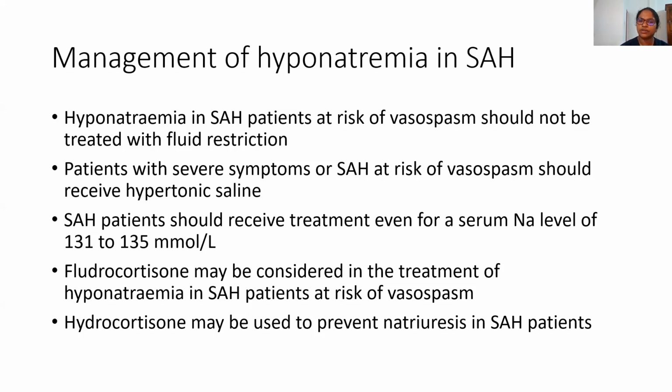You can consider fludrocortisone if they are at risk of vasospasm, or if there is associated cerebral salt wasting. And sometimes hydrocortisone may be used to prevent natriuresis as well. So these are some special situations you have to consider when managing hyponatremia.